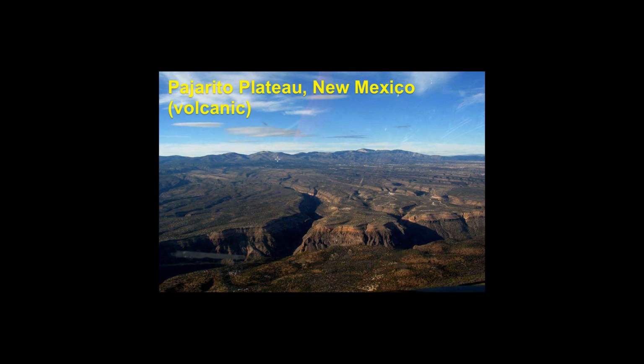This is a volcanic plateau. It's called Pajarito Plateau in New Mexico. And gravity is something we do experience. So any kind of flow is going to find its level anyways, whether it's water flowing or land flowing over eons. So land will prefer a flat pattern generally.